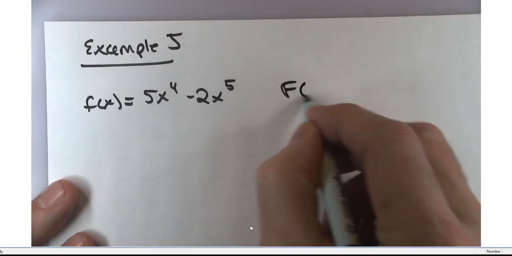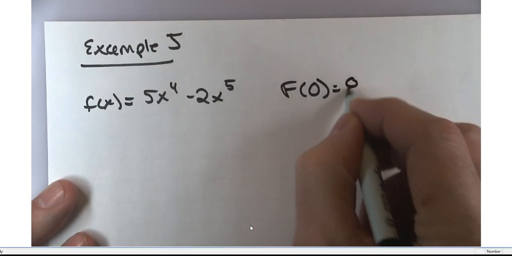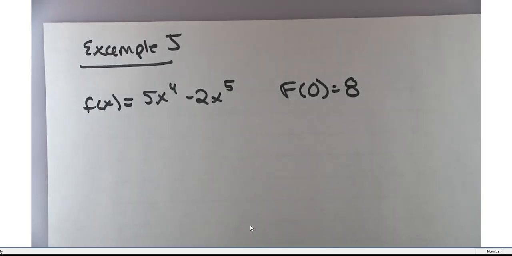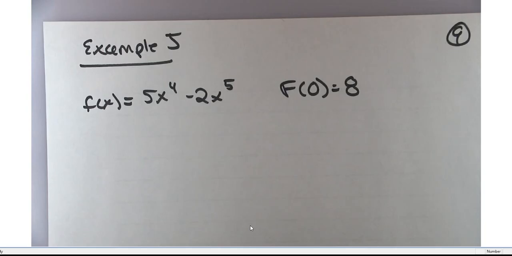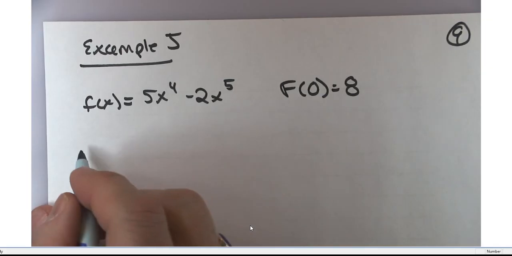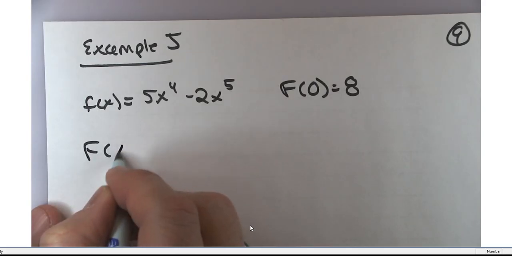F of 0 equals 8. So that's interesting. They're sticking that in there with this. Now, the first part of this should be pretty simple, so I'll give you a few seconds to work on that. Find the antiderivative, capital F.